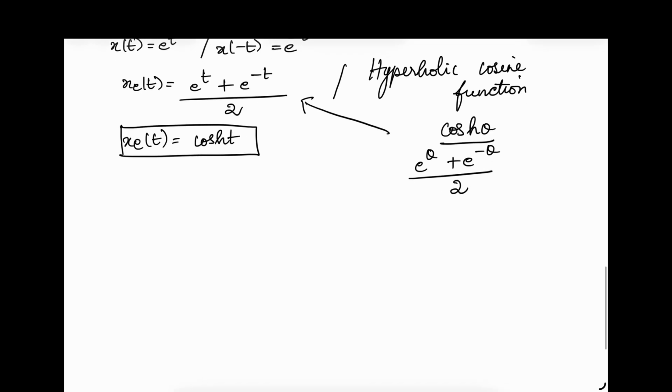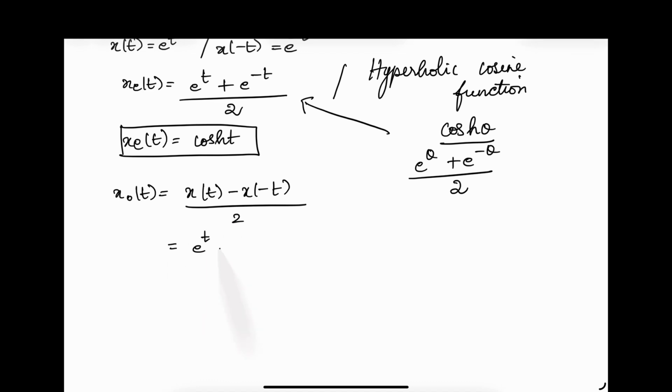Now moving on to the odd. So what is odd formula? X odd of t is equal to x of t minus x of minus t divided by 2. So x of t is e power t minus, this becomes e power minus t divided by 2. So obviously what is this? E power theta minus e power minus theta by 2.